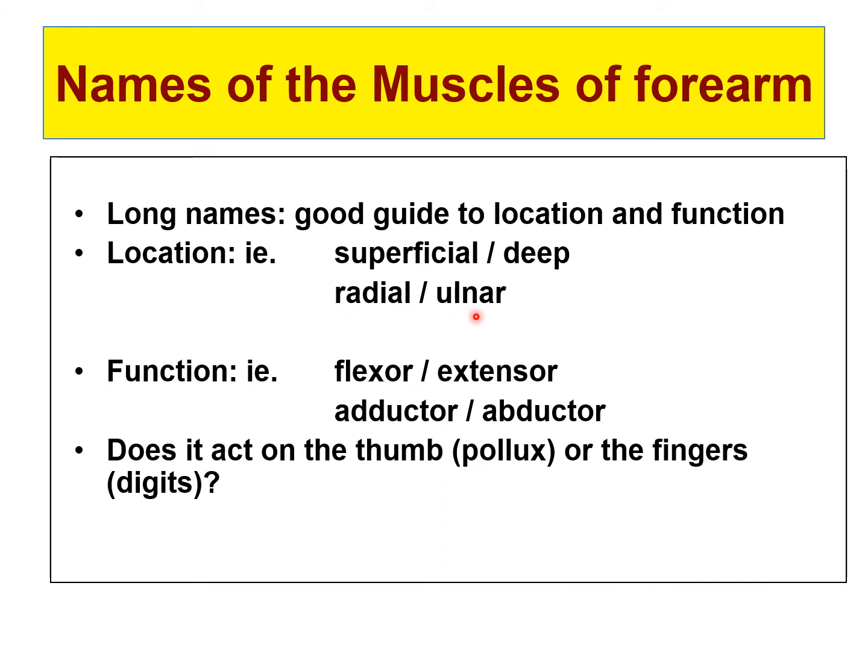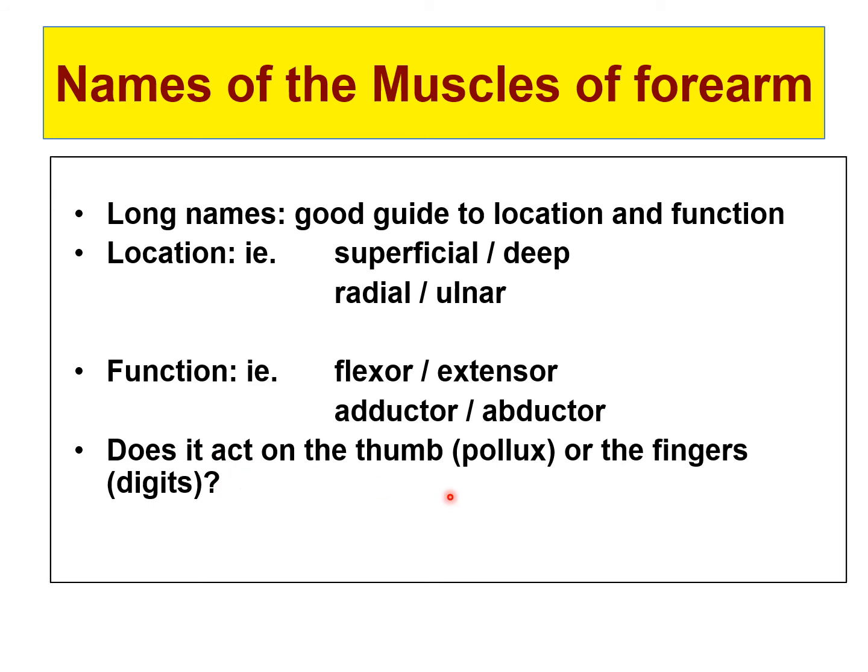If the muscle is toward the medial side, it will be ulnar. In the same way, if a muscle name starts with flexor, its main function is flexion; extensor, extension; adductor, adduction; abductor, abduction. These names show their function also.